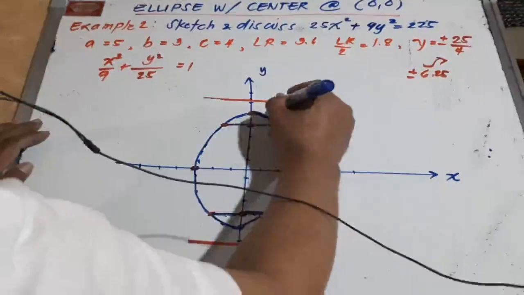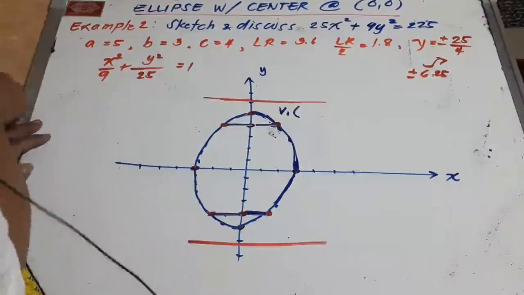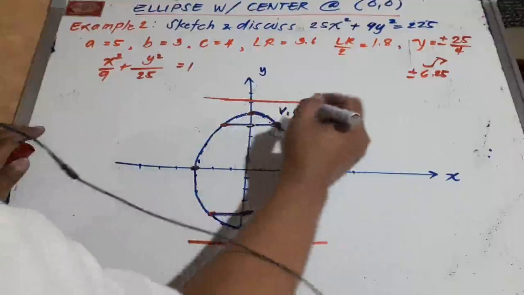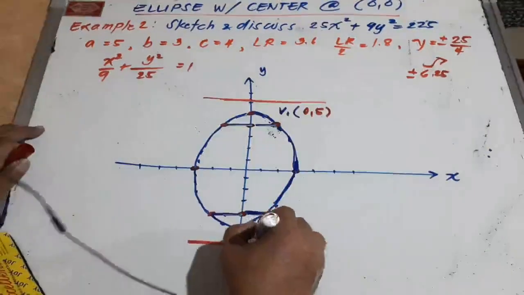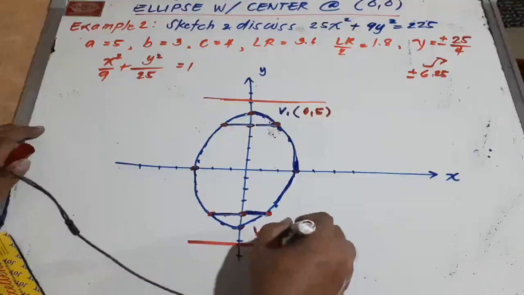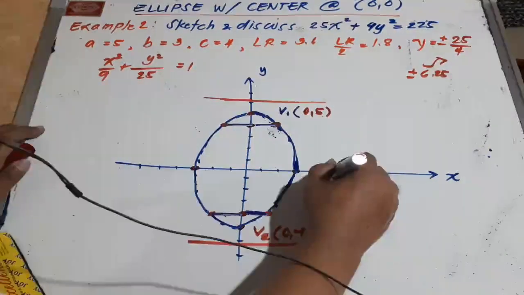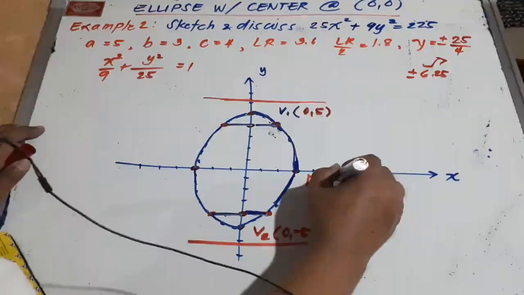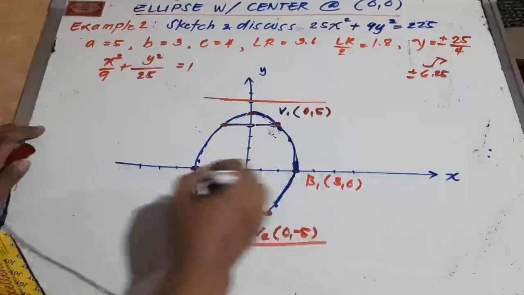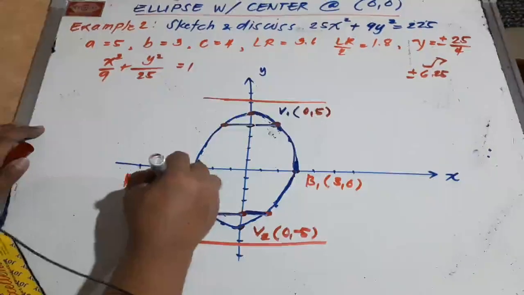We have B sub 1 on top. Anong coordinates niya? B sub 1 is 0, 5. Okay, 0, 5. B sub 2 here, that is 0, negative 5. Okay, this is B sub 1, yung endpoints ng ating conjugate axis. That is 3, 0. Okay, dito ay B sub 2, coordinates niya ay negative 3, 0.